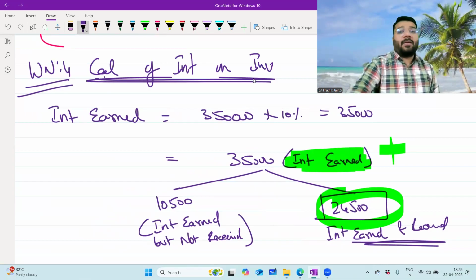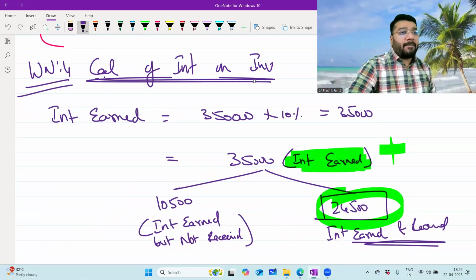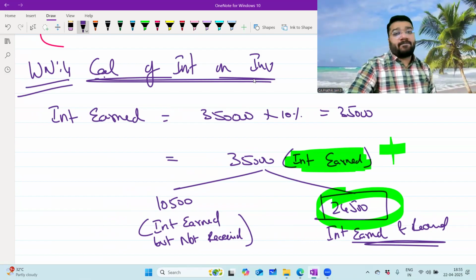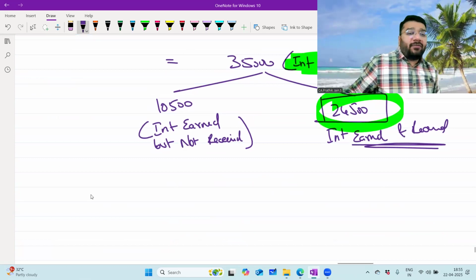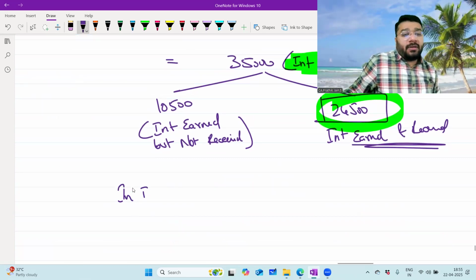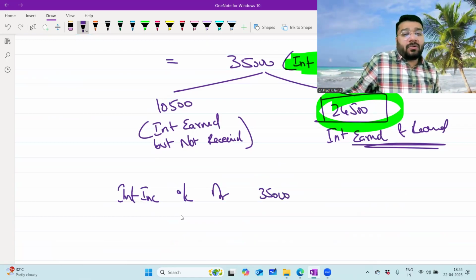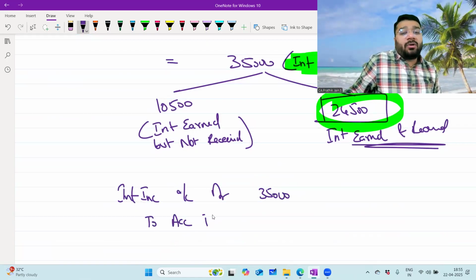One second. You want me to present the ledger? Can you please tell me the entry for this? Interest income account debit 35,000 to accrued interest 35,000.